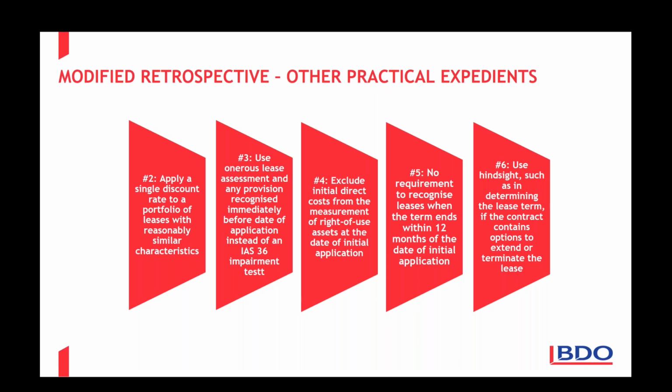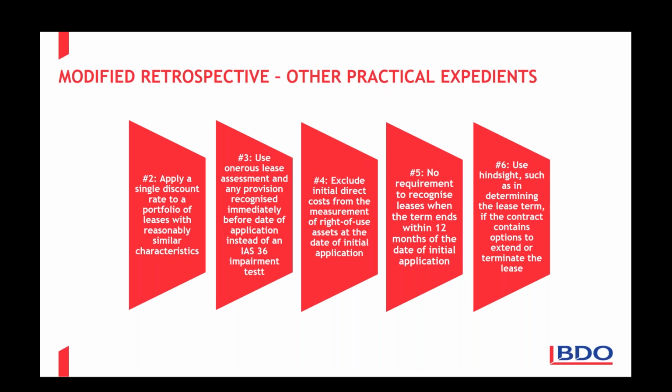The third one, practical expedient 3, relates to onerous leases, and saying that you use your onerous lease assessment and any provisions that you've recognized in terms of AASB 137 before you apply IFRS 16, instead of doing an impairment test under IAS 36. So it makes that transition easier.